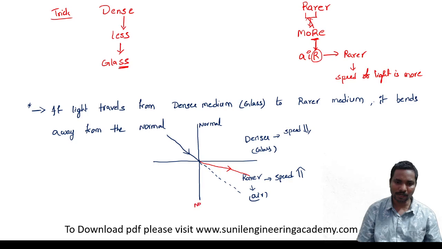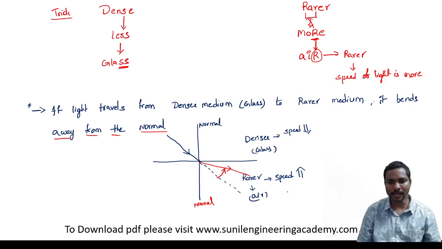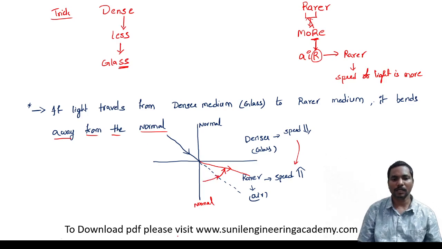This is the normal, so it is bending away from the normal. To gain high speed, from low to high, it is trying to move in the horizontal manner. So that means it moves away from the normal.